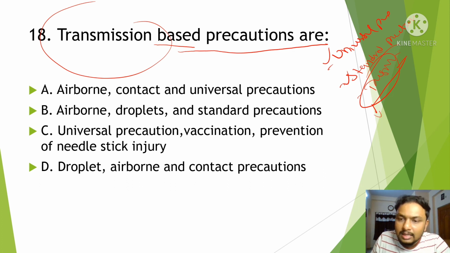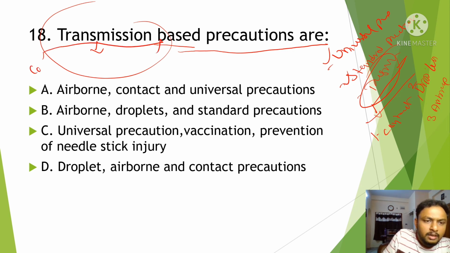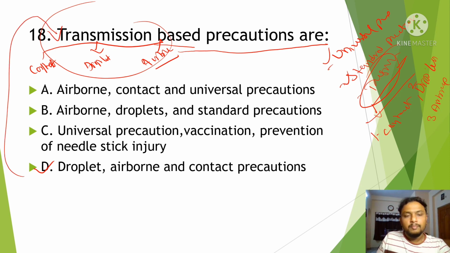To prevent that we have to focus on three things: contact, droplet, and airborne. So your option is droplet, airborne, and contact precautions, called transmission based precautions. Remaining are different.